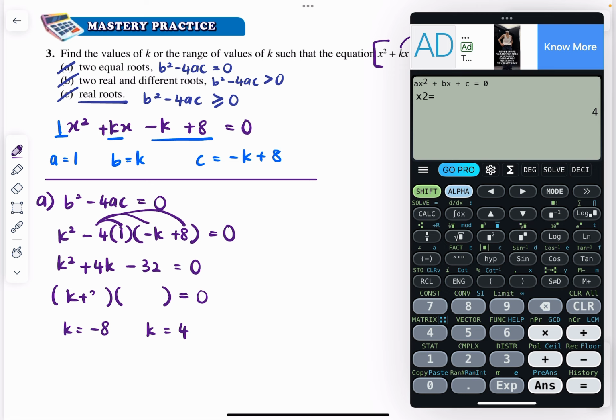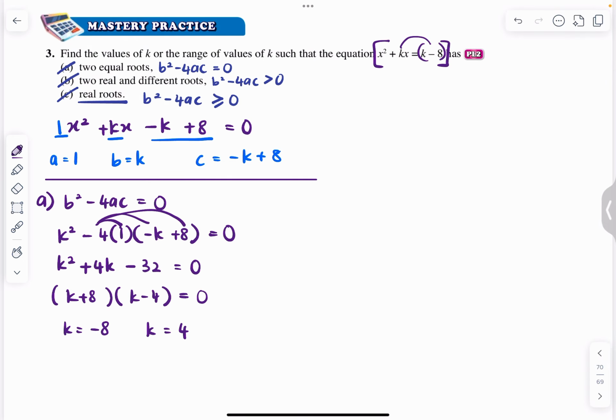So k plus 8, k minus 4. Done. So these will be the values of k if the equation has two equal roots. Next, let's look at B.